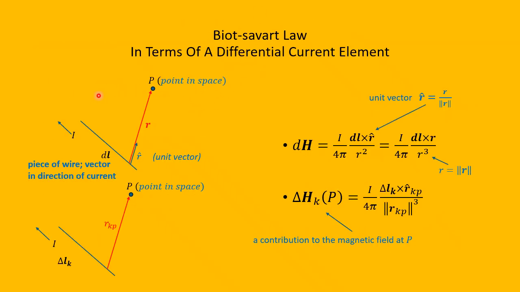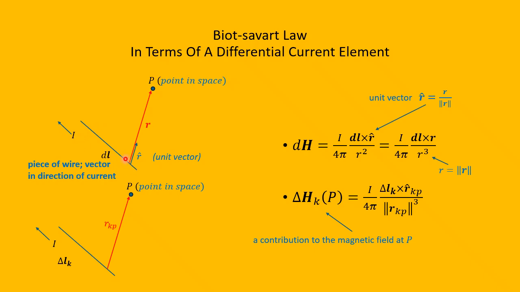So let's look at the continuous version over here, and the discrete version over here. Similarly, we'll have the equations for the continuous model here, and the discrete model that we're going to be using in our computations down here. In the Biot-Savart law, we have a piece of straight wire, very small, infinitesimally small maybe, with a current I going through it.